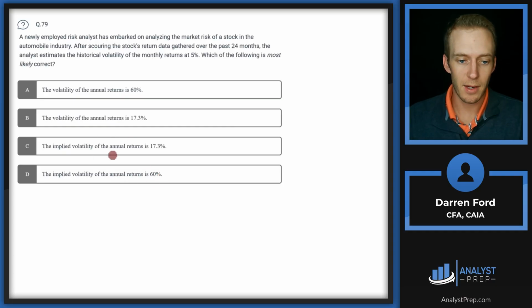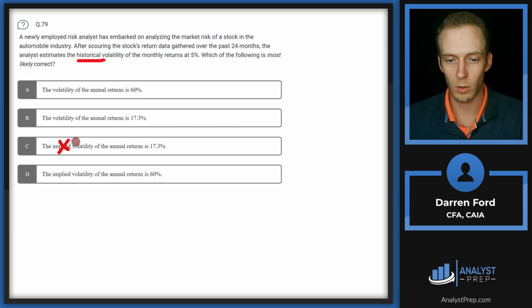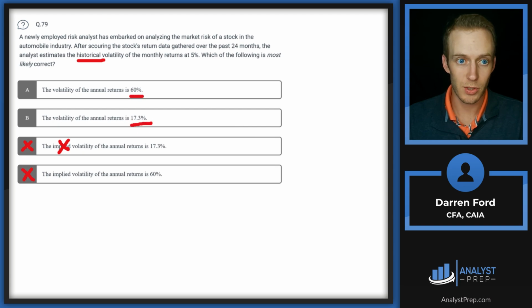So right off the bat here, the implied volatility, we're looking at historical volatility here. So we're not going to be looking at implied. Implied would be a forward-looking measure, but we're looking at historical. So right off the bat, we could rule out answer C and D. And then looking at A and B here, we need to determine whether that annual vol is 60 or 17.3. So let's do that calculation.